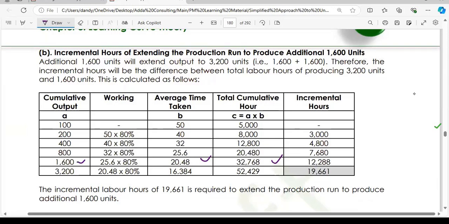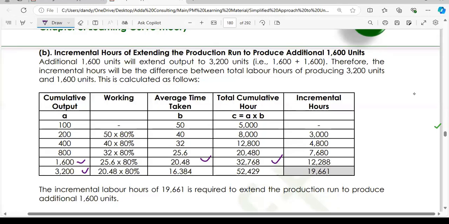We have done it up to 1600, so I want to double 1600 to 3200. When I double to 3200, the 20.48 hours for the 1600 will fall by 20%. So I have to apply the 80% learning. When you apply the 80% learning, that's 16.384.